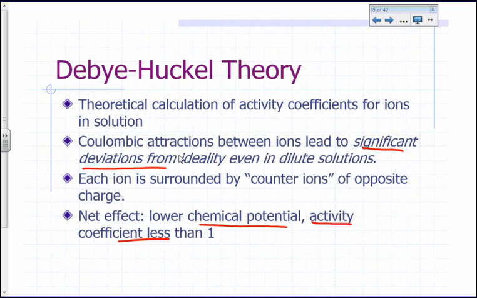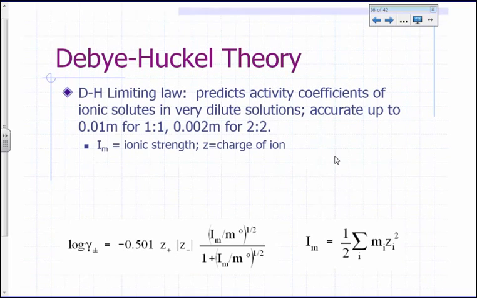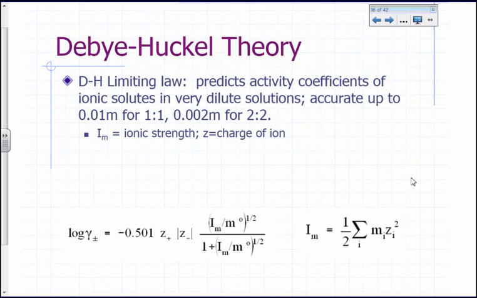Theoretically, the activity coefficients for ions can be calculated using the Debye Huckel theory, and the Debye Huckel limiting law will allow us to calculate coefficients for ionic solutes in very dilute solutions, up to concentrations of 0.01 molar for a 1-to-1 electrolyte.